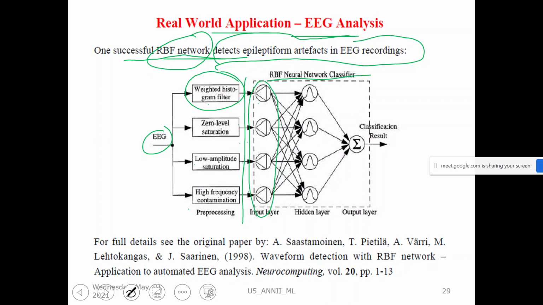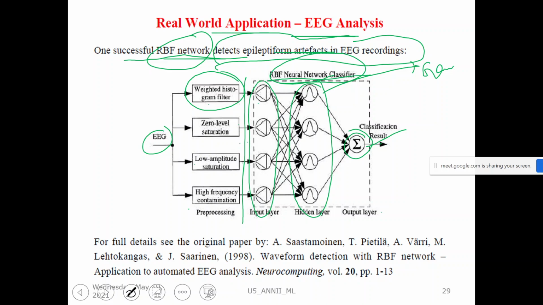After pre-processing means that when I take an input, there can be noise, which is cancelled before it is given as input to the network. Then this is the hidden layer, where the functions used are Gaussian, which comes under RBF. After that, the summation and then classification happen in the output layer.